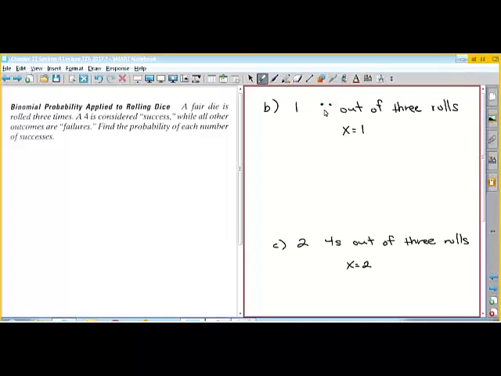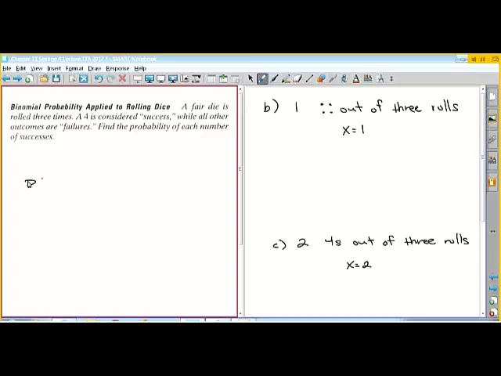So what's the probability of getting 1 four out of 3 rolls? Remember the probability formula for binomial situations: the probability of x successes is equal to, you take n, we have n trials, we have x successes.